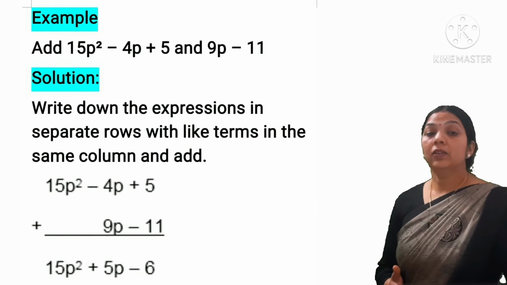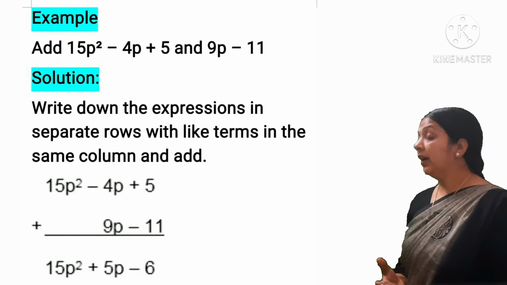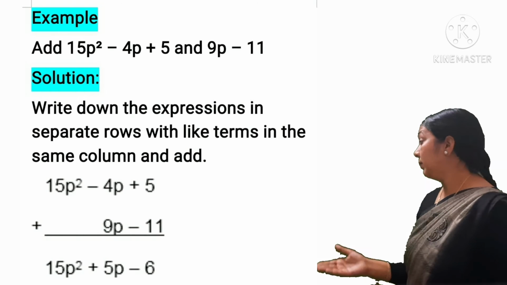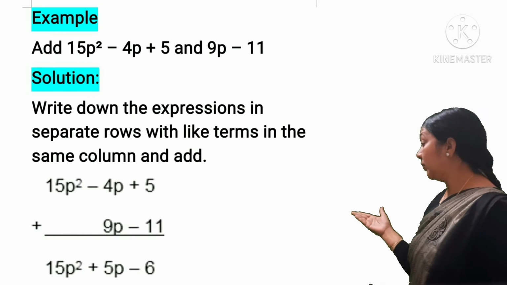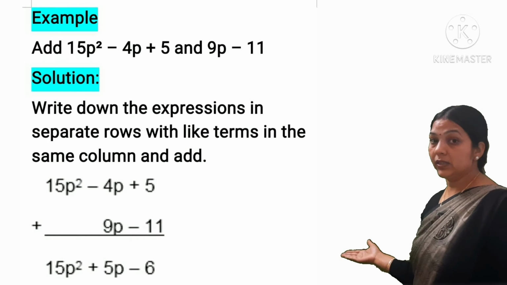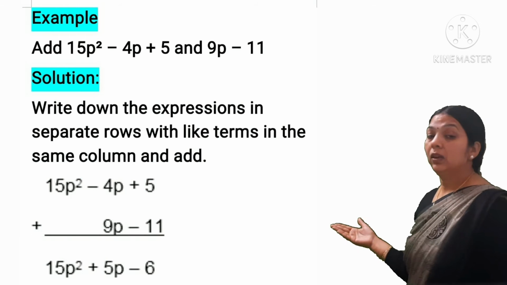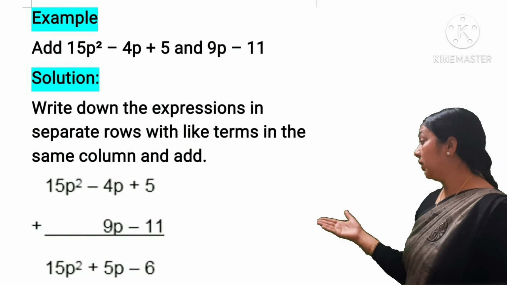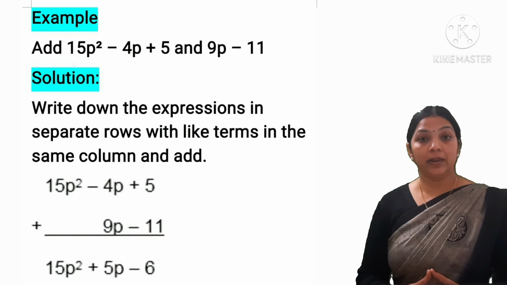So this would be 15p square minus 4p plus 5, then plus 9p minus 11. Now plus 5 minus 11 would be minus 6, and minus 4p plus 9p would be plus 5p, and 15p square. So the answer will be 15p square plus 5p minus 6.